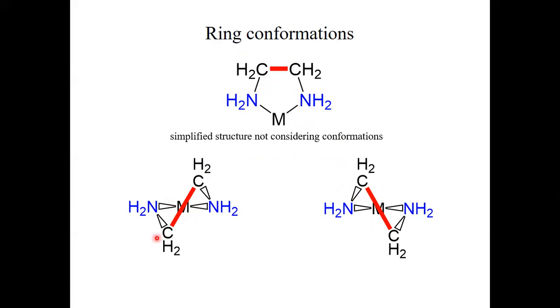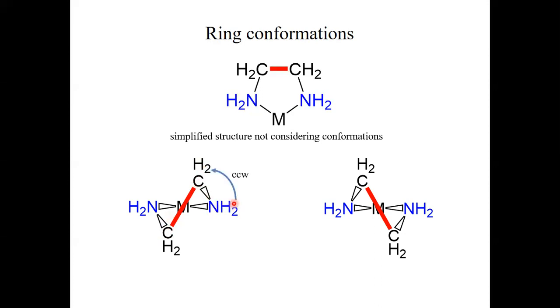Okay, so now which one is lambda and which one is delta? So again, you draw a horizontal line to the two donor atoms that are oriented horizontally, and then you determine, well, do you have to turn this horizontal line clockwise or counterclockwise to make it parallel to the respective carbon-carbon bond here.